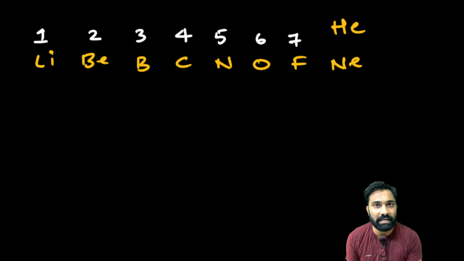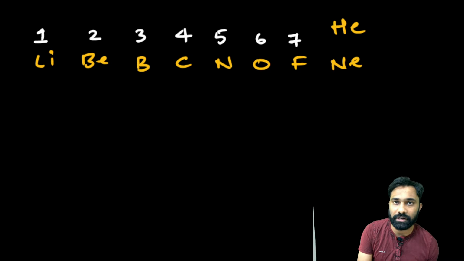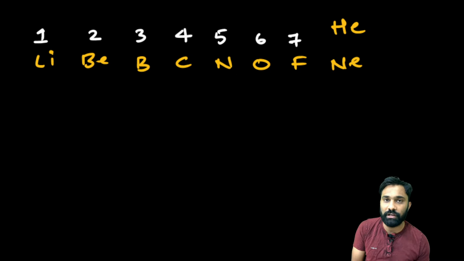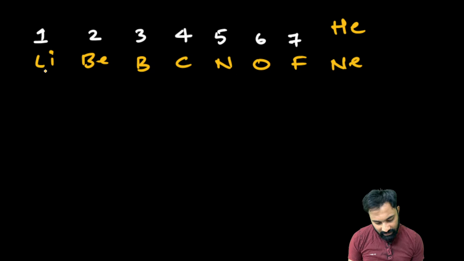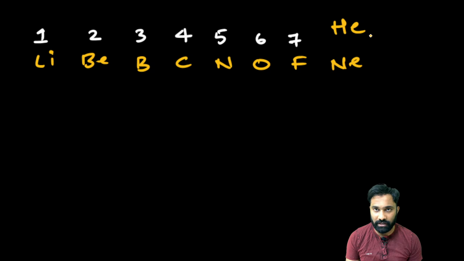See, every element wants to attain the noble gas electronic configuration to fill its octet. Now, lithium to reach the helium electronic configuration: helium atomic number is 2, and lithium atomic number is 3. So lithium to reach the helium configuration should lose 1 electron.